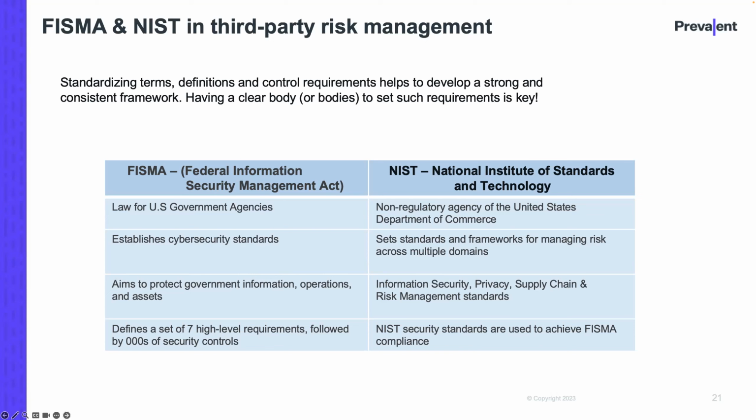They establish cybersecurity best practice standards, but their aim, given that it is focused on federal agencies, is to protect government information, operations, and government assets. They have a high-level set of requirements and a deep dive set of security controls, in the hundreds, so it's very in-depth.